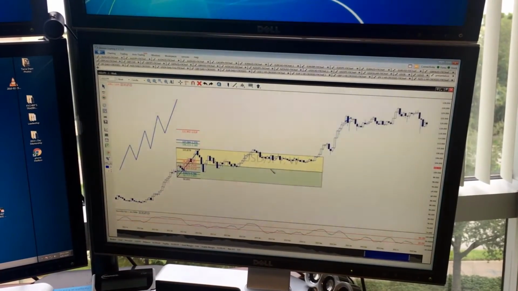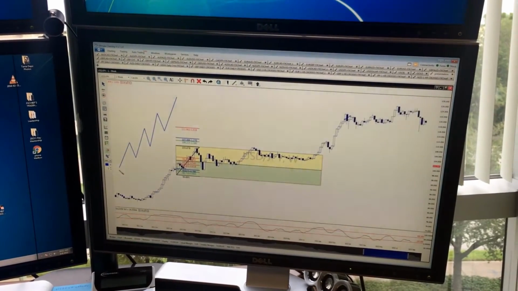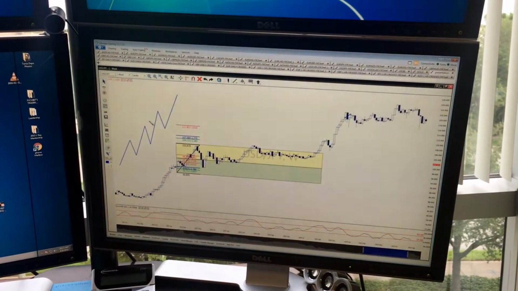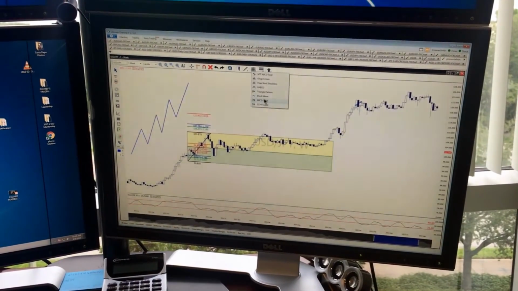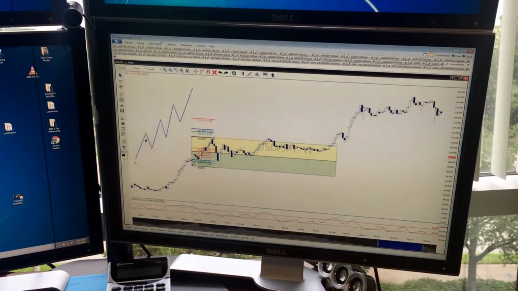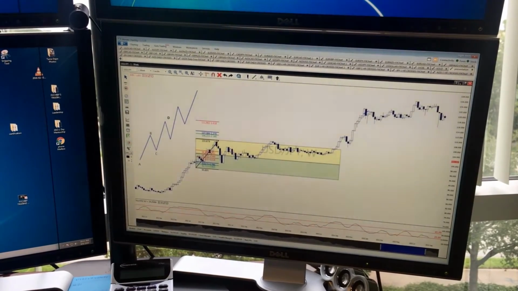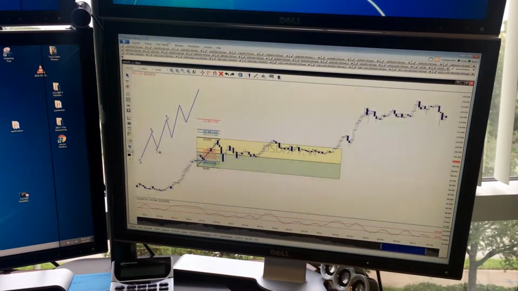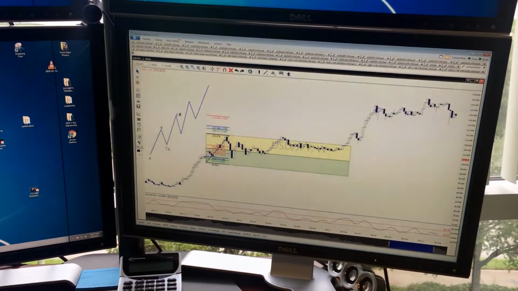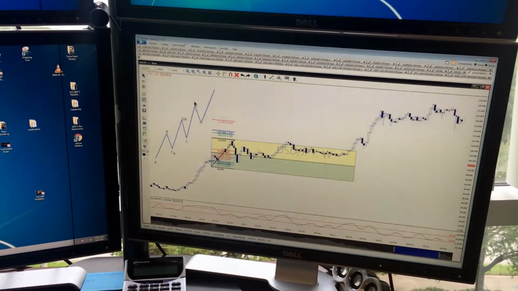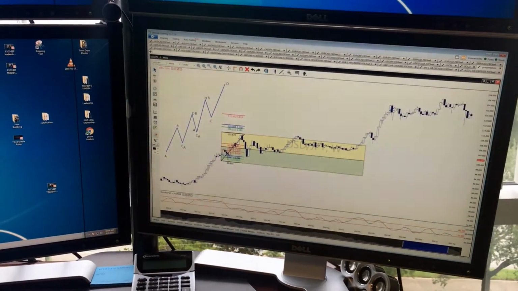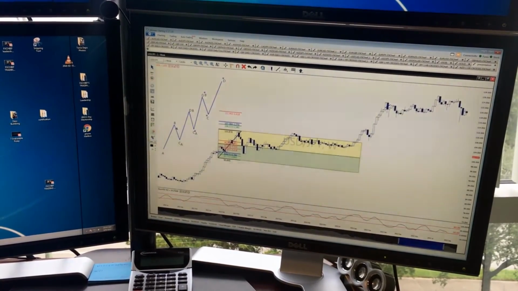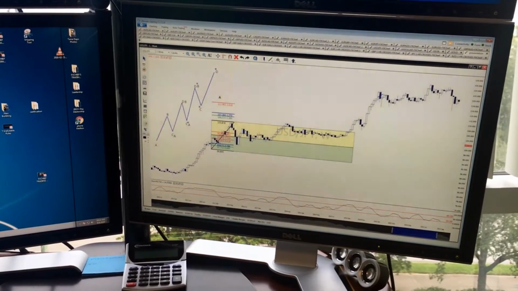With every one of these swings, which is called an A, B, C, D swing, it starts all over again and repeats itself. A, B, C, D. Then it repeats itself again. A, B, C, D. This is called an uptrend, where the market is making higher highs and higher lows.